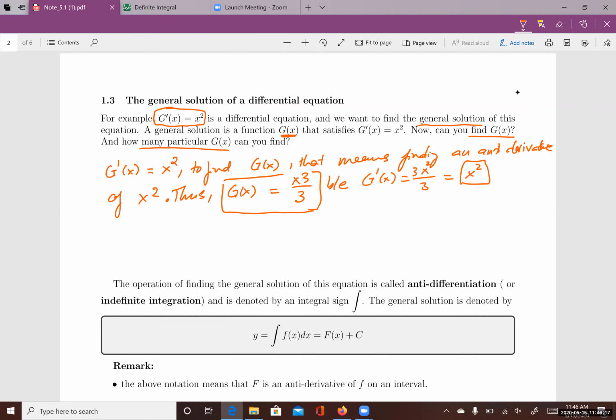But is it the only solution? No. This is one of the solutions. And keep in mind that we can always add a constant to this function in order to find a solution for this differential equation. So g of x equal to x cubed over 3 plus c is a general solution to this differential equation.